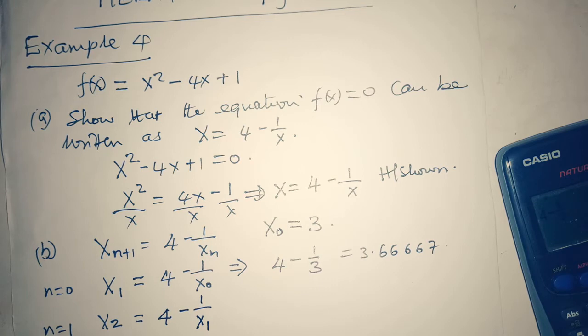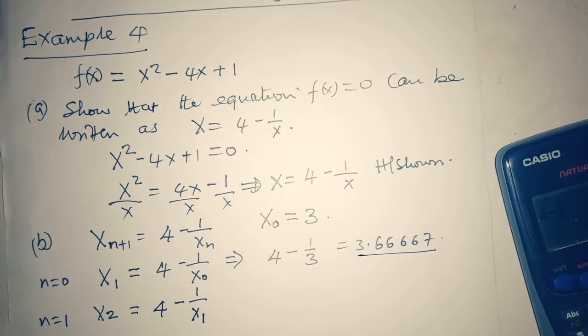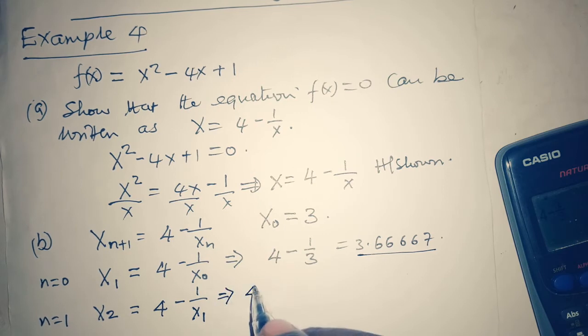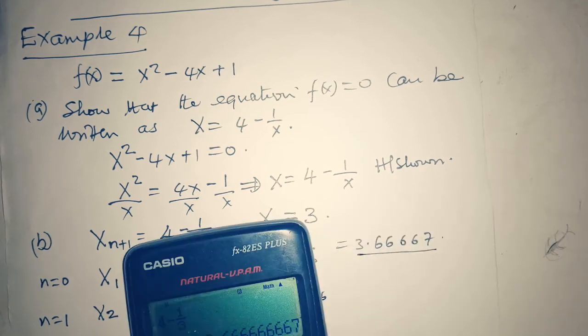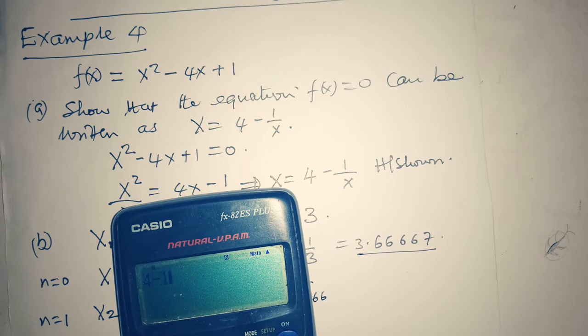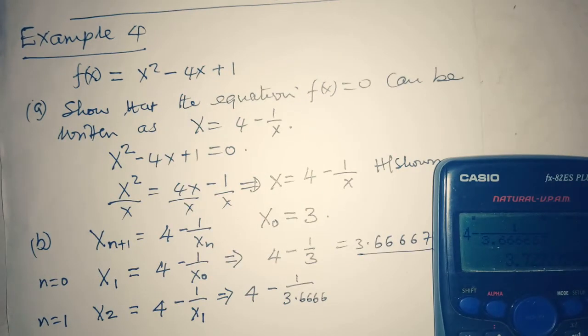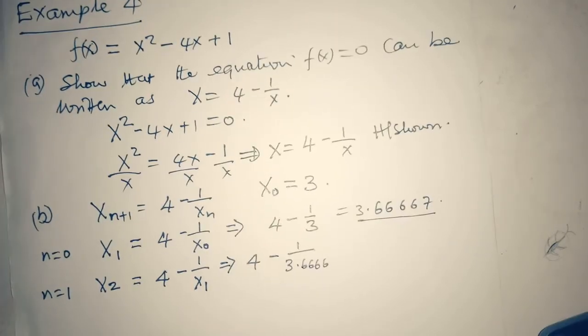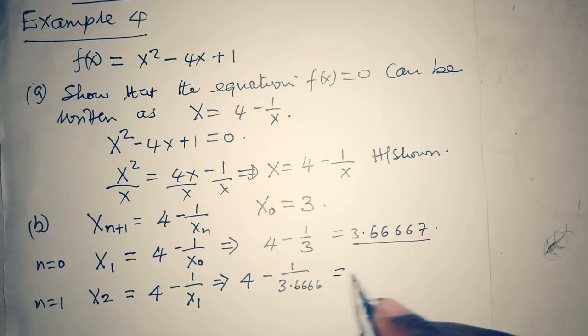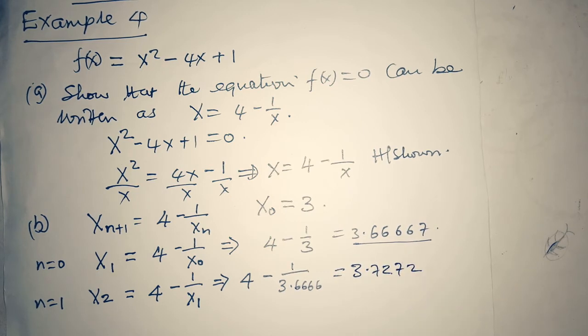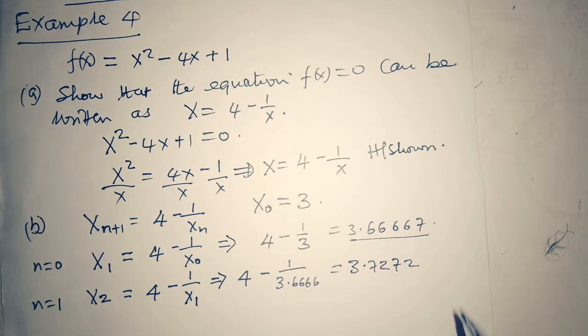Remember n is 1, and what is our x1? 3.6667. So 4 minus 1 over 3.666667 is equal to 3.7272, a long decimal, moving forward.